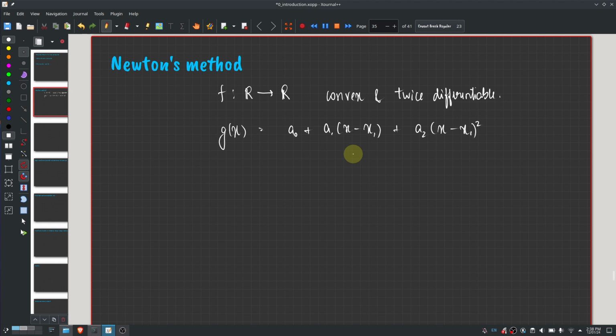Under what conditions will this have a unique minimum? Is g of x always convex? Under what conditions is g of x convex? So a2 should be greater than 0. Strictly greater than 0? Okay, greater than or equal to 0.